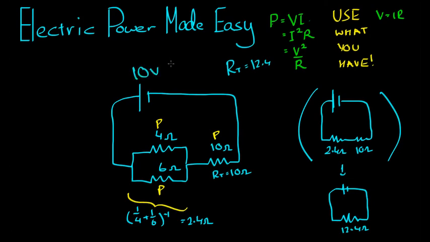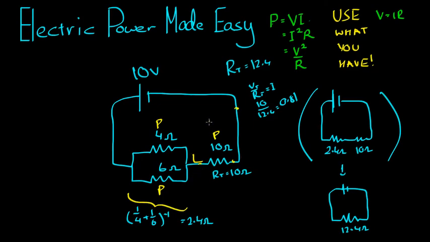If we were using a 10 volt power source here, V on RT equals I, 10 on 12.4, that's 0.81. We know there's 0.81 amps going through this whole circuit. Here, here, here, and then it must split off into two lesser currents there.